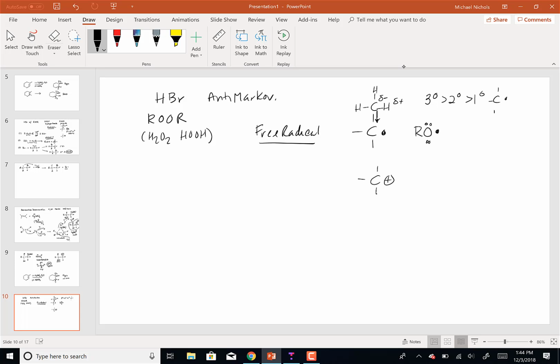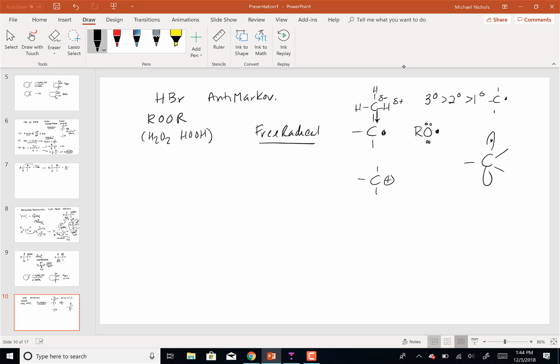Radicals act exactly like carbocations, and the other thing we'll see structurally is that the difference between a carbocation and a radical is it was an empty p orbital for the carbocation. It's now a p orbital with 1 electron for the radical. So we've now changed this mechanism to a free radical mechanism.